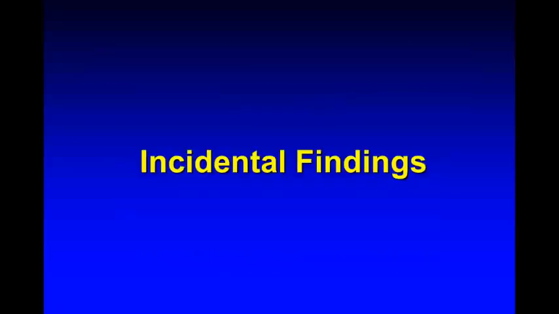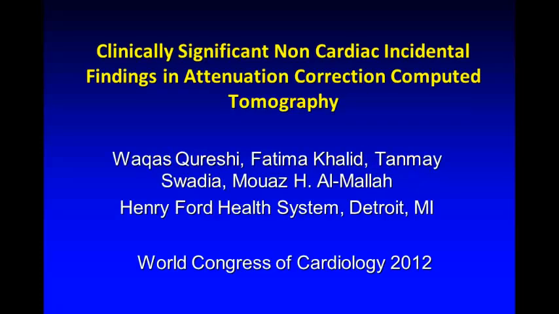There is also the issue of incidental findings on the CT, and it depends if you're a radiologist or certified radiologist. When I was in the US, we did this study which was presented last year at the World Congress in Dubai, and we were lucky because we were an integrated team, so we had a board certified chest radiologist review every single attenuation correction CT we did.